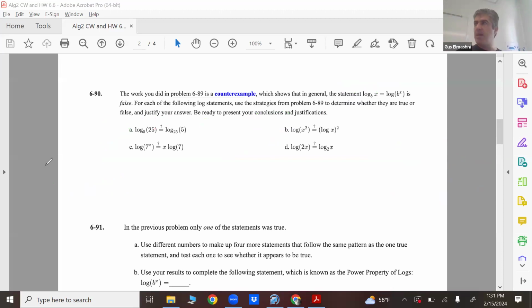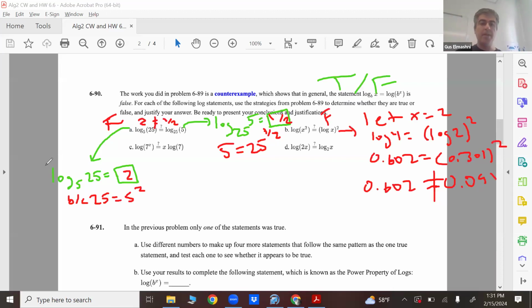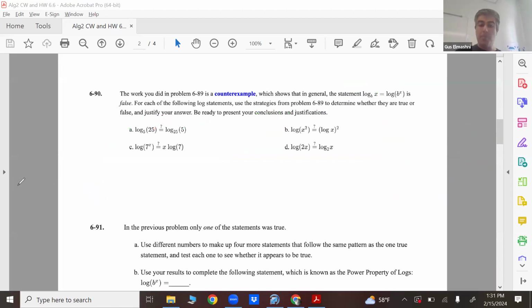Sorry, you guys got it? Yeah, we're good? Okay. Now, what's happening here? For part C, again, let x equal 2. So you have log of 49 equals 2 times log 7. Let's work that out.